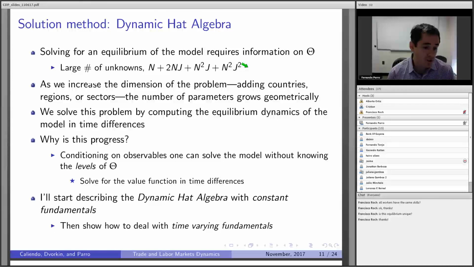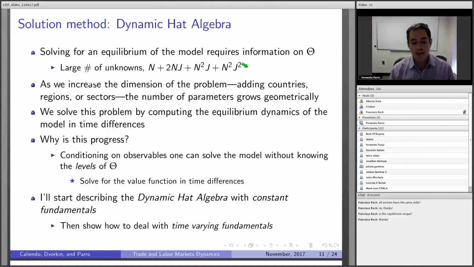Because by solving the model in relative time differences, we're going to be able to condition on data, and we're going to be able to solve the model without having to identify all these unobservable parameters that are contained in this set theta that I showed you previously. So that is going to be the idea of the solution method.